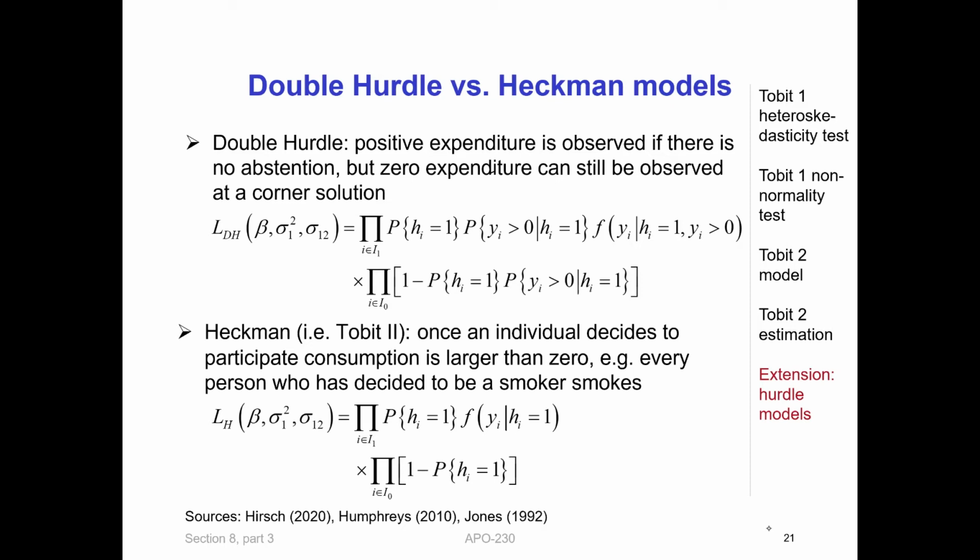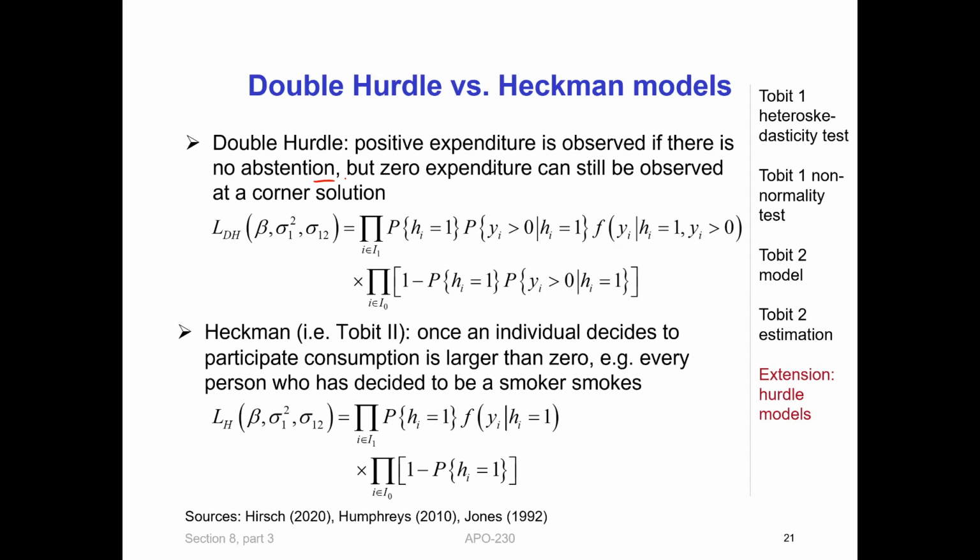What are these two hurdles? The first one is abstention. First of all, the individual must decide to participate, or to smoke, or to consume such a thing and so on. So the first hurdle is the deliberate decision to participate. And what next? However, even if one decides to smoke, he or she will not smoke if the price is too high. So that's the second hurdle, the corner solution.